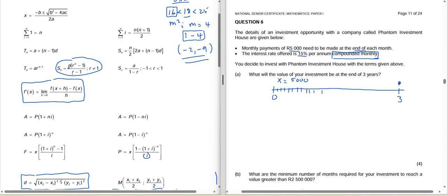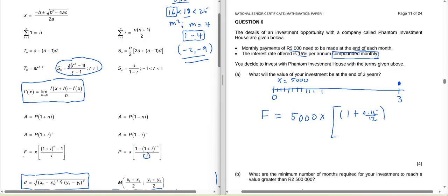We want to see what the value of your investment will be at the end of 3 years. So you need your final value, which means you need your F. So F is equal to x, the amount you are paying per month, which is 5,000, times, we open a square bracket, 1 plus I. You need to be very careful because we are compounding monthly, so you are going to say 0.15 divided by 12.